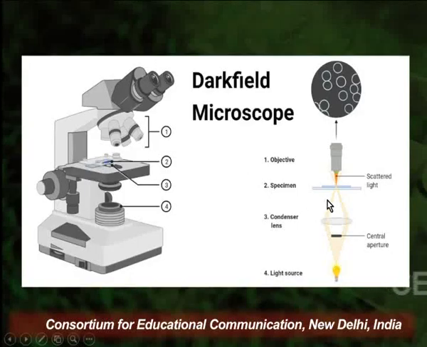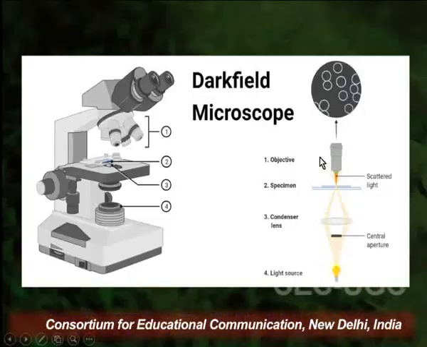So here you can see that for dark field microscopy, here is your light source and here is your condenser lens. Along with the condenser lens, the phase contrast components are used, and when this condensed light passes through the specimen, there is an objective lens, and along with the objective lens there is another phase plate.